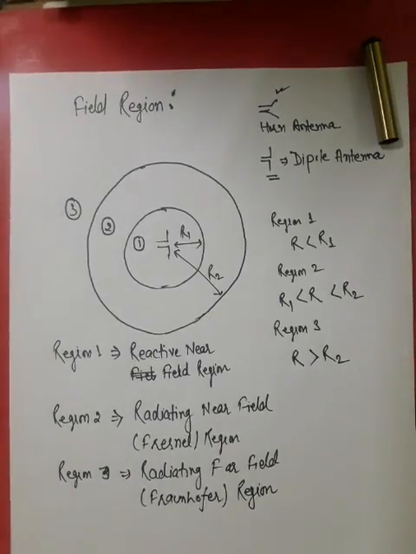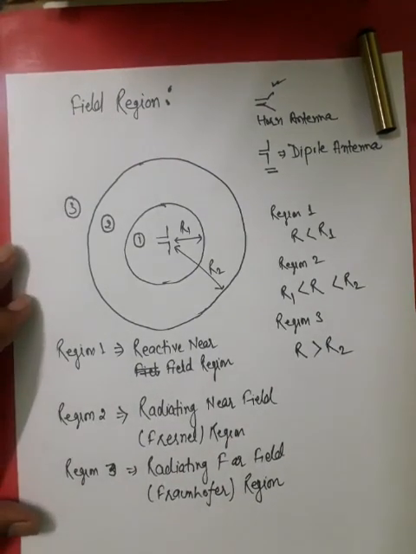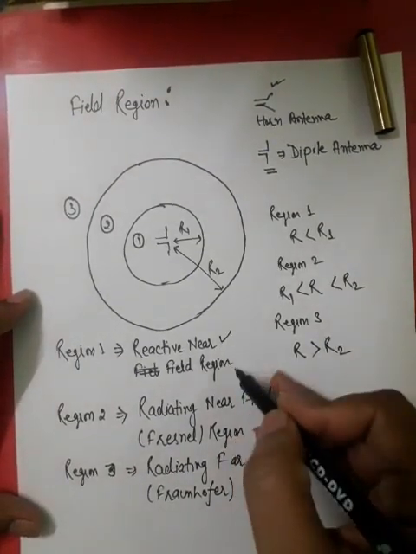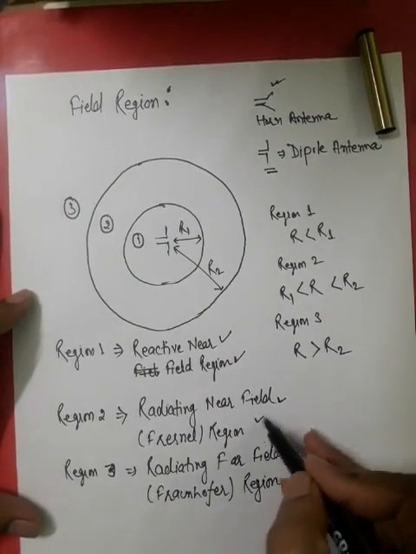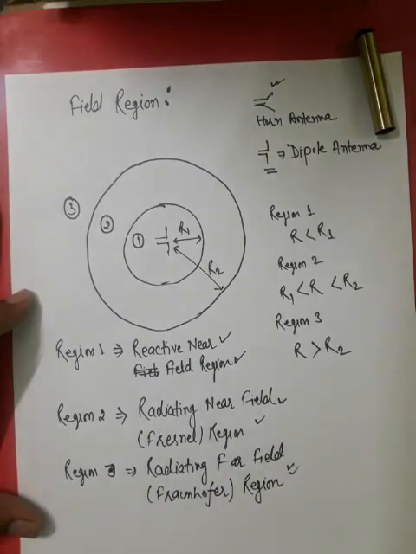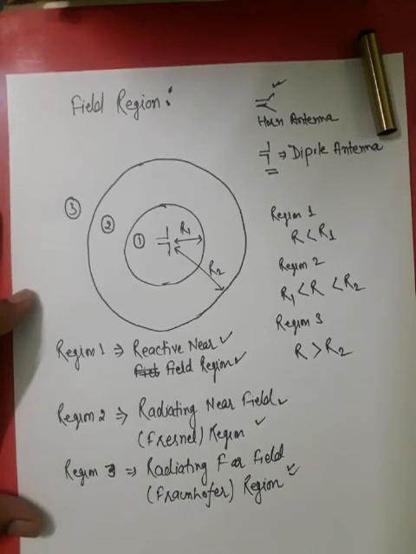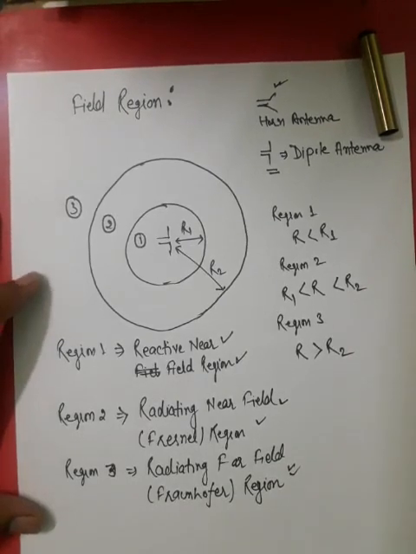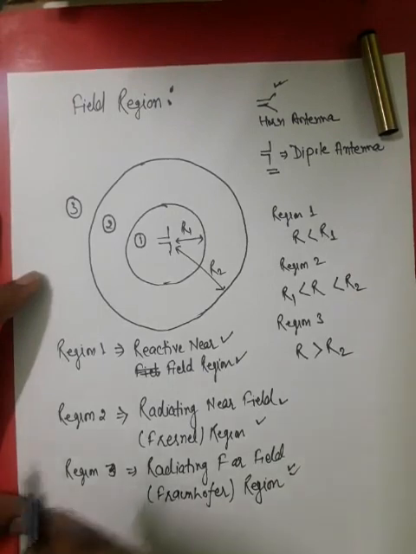So we have divided this field region into three parts: reactive near field, radiating near field, and radiating far field. Basically two are near field, another is far field.